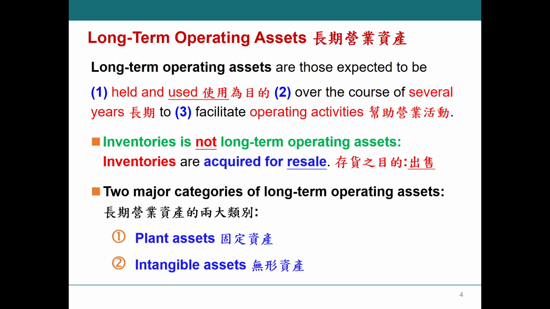Okay, so what's the difference between these 2? Actually, we use them for several years to help your company do operating activities. So both of them are the same.